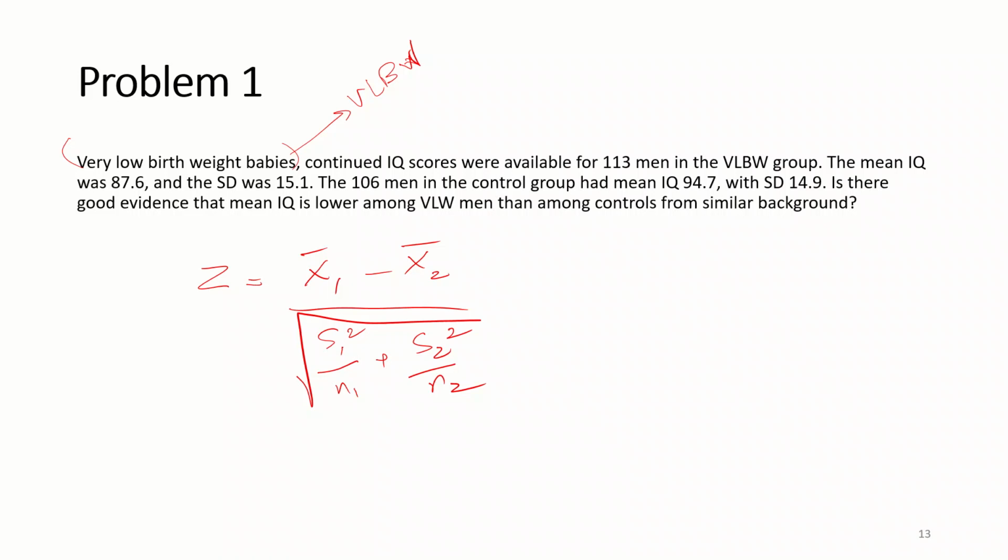Basically, this is the same one, just Z equals x1 minus x2 over the standard error.